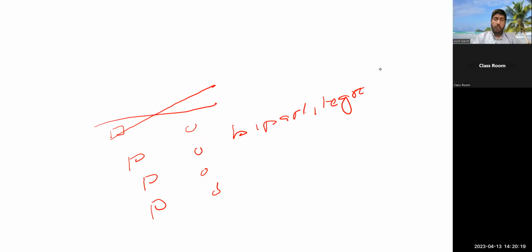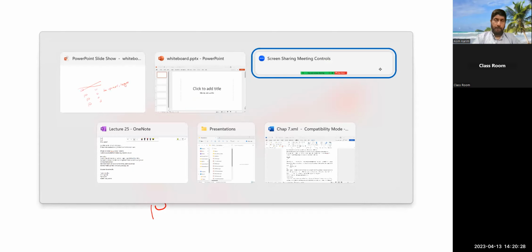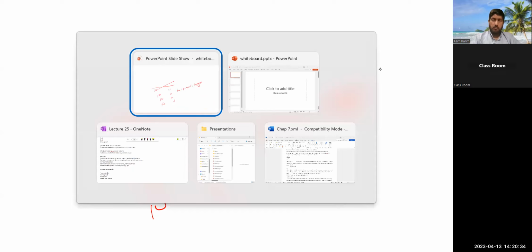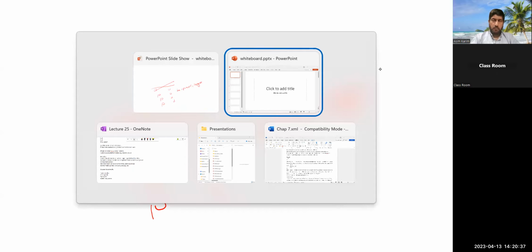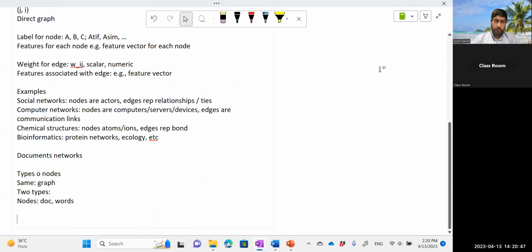In the case of bipartite, as I said, there are no edges between nodes of the same type. This would be a bipartite graph.